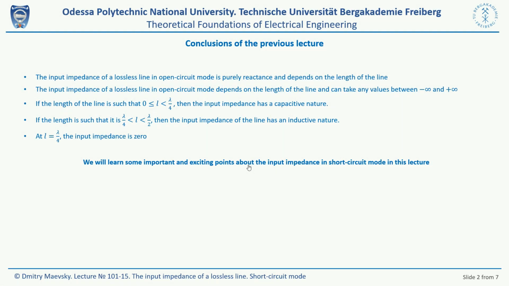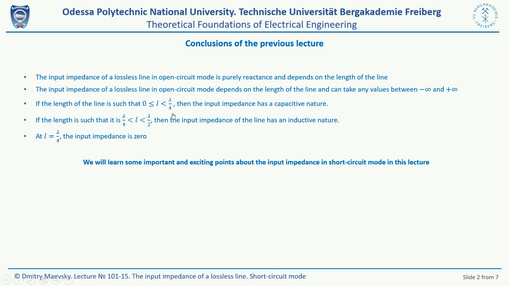Firstly, in tradition, let's remember what we discussed in the last lecture. We learned that the input impedance of a transmission line in an open circuit condition is purely reactive and depends on the length of the line. We can control this impedance by changing this length. The impedance is capacitive when the length of the line is less than a quarter of the wavelength.